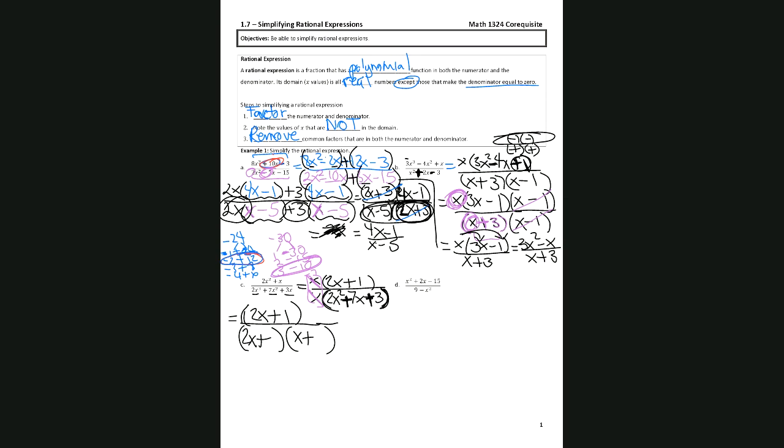So if I put my 3 here and my 1 here, and then I want to check, I will get 2x multiplied by 1, and that will give me positive 2x. And then I will multiply 3 times x, and that will give me 3x. Now, if I combine them or add them, I will get 5x. And so I don't want that.